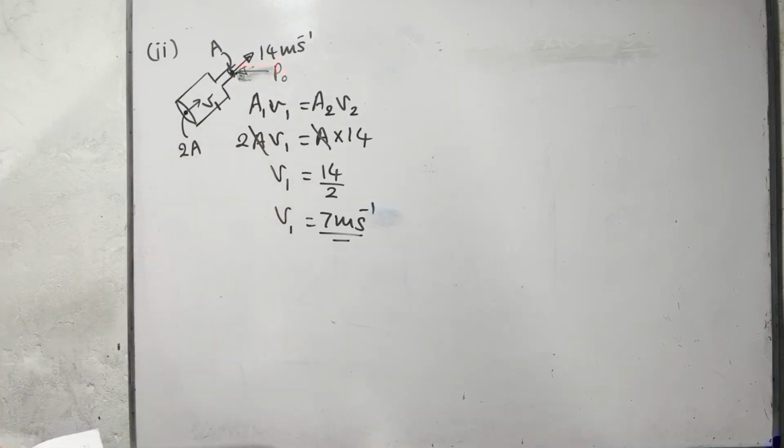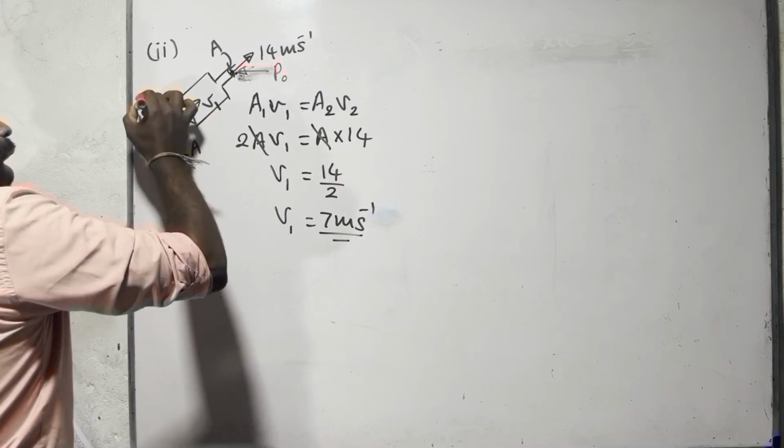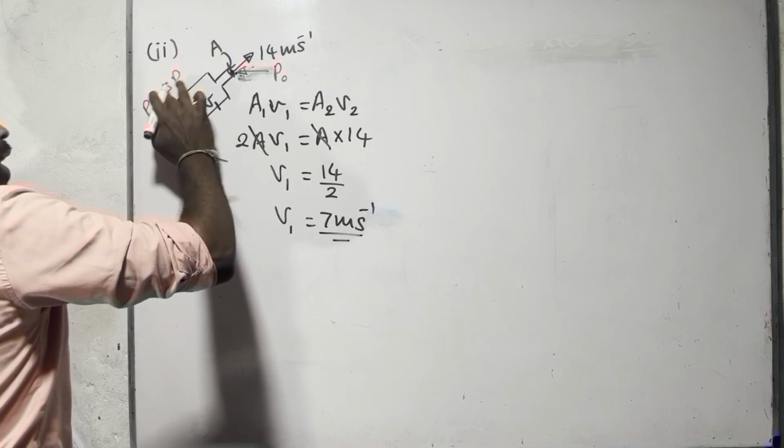I will mark it as P naught. Pressure at this point is atmospheric pressure plus delta P. There is a higher pressure.